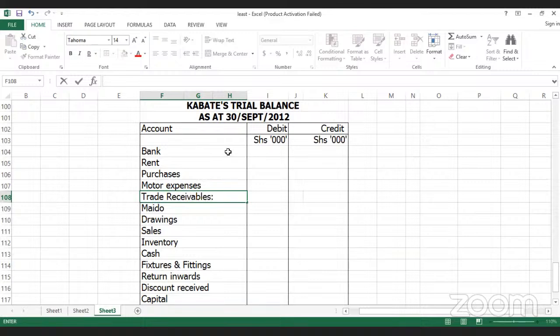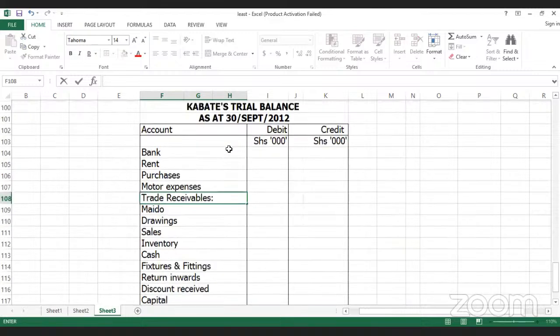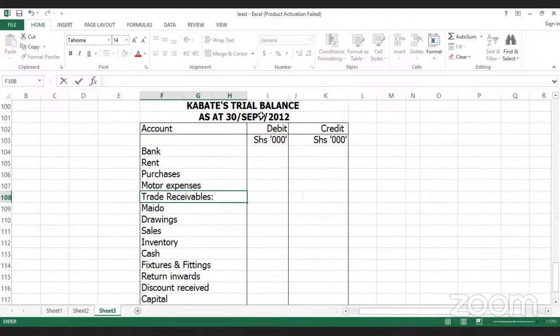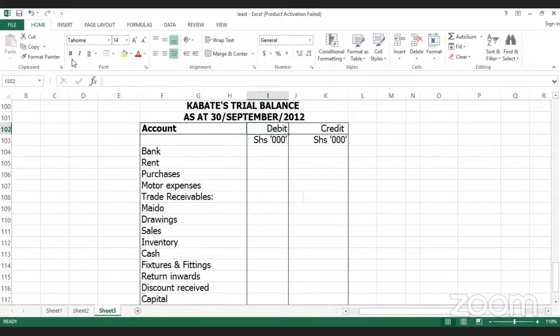Write the heading: Kabate's trial balance as at 30th September, that is at the end of the month. You have to show the account column, then the debit column, and then the credit column. Put that down, then you start entering the balances.